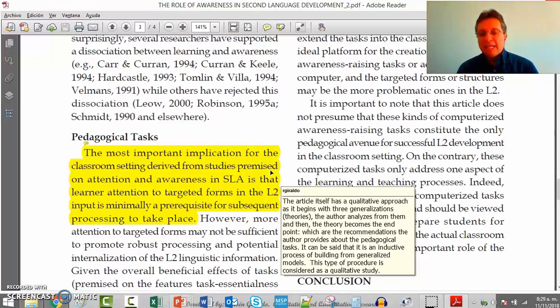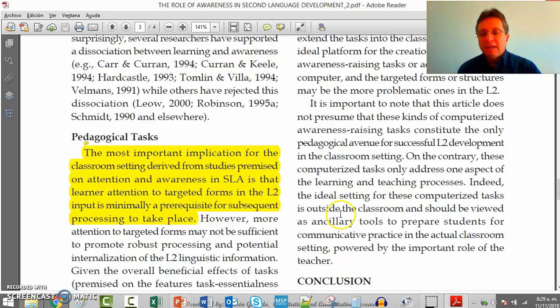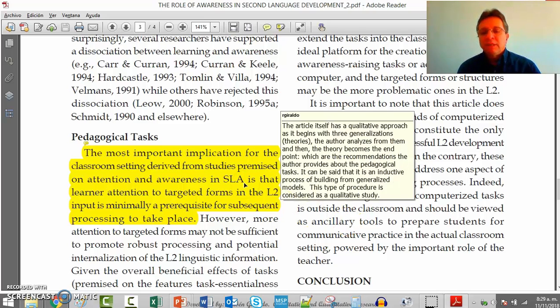Then the author analyzes from them, and then the theory becomes the end point, in this case the pedagogical tasks, which are the recommendations that the author provides about the pedagogical task. It can be said that it is an inductive process of building from generalized matter. This type of procedure is considered as a qualitative study.